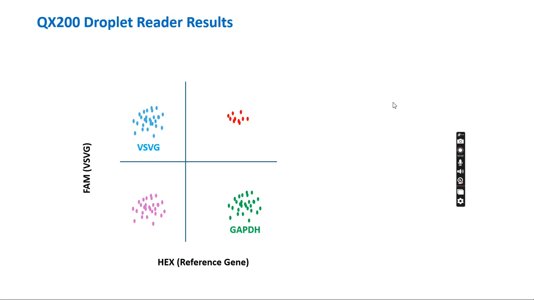So this is the plot I generated. This is the tentative result you would probably see after doing the VSVG ddPCR. So the blue dots on the left side, top quadrant, are your results from VSVG. And the green ones are your reference results.